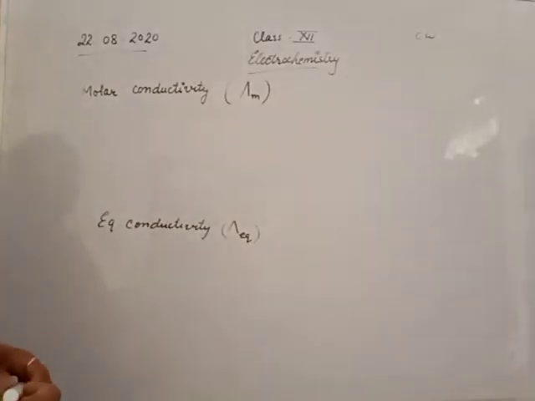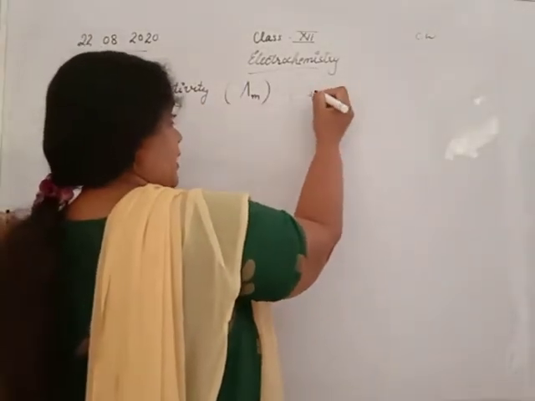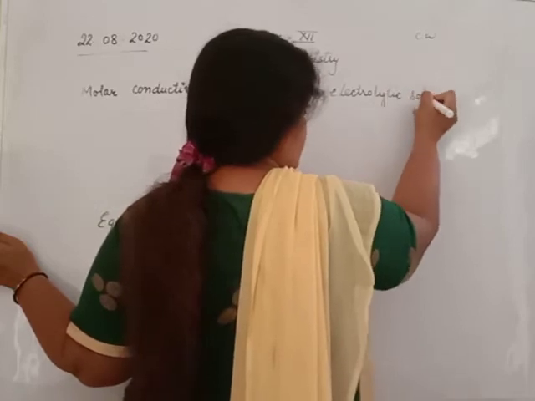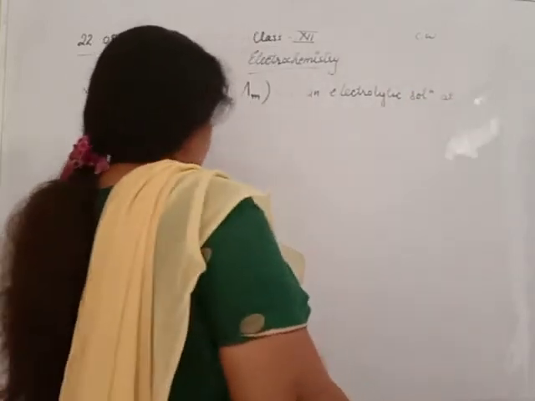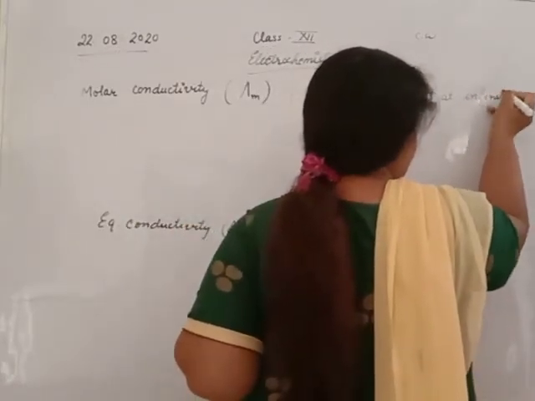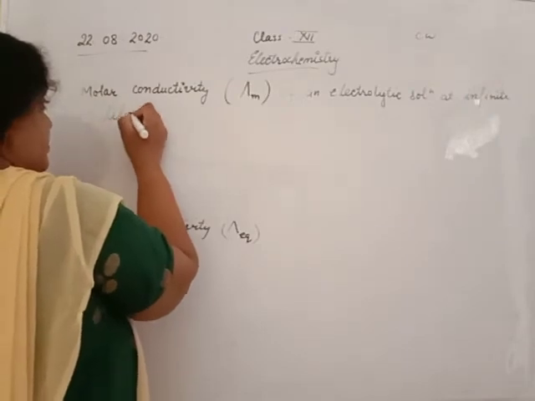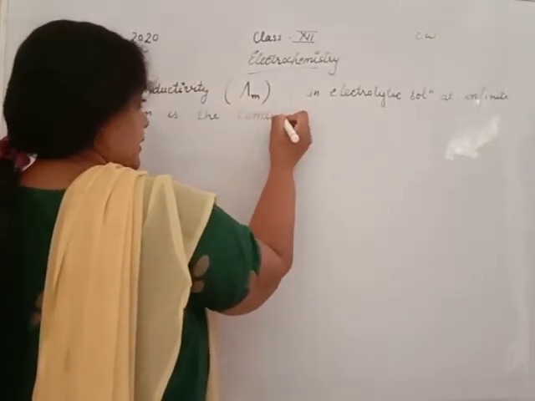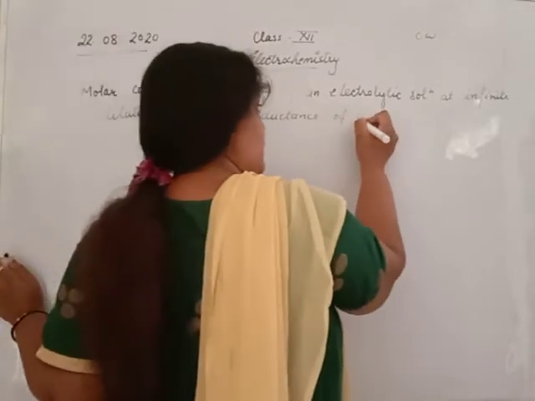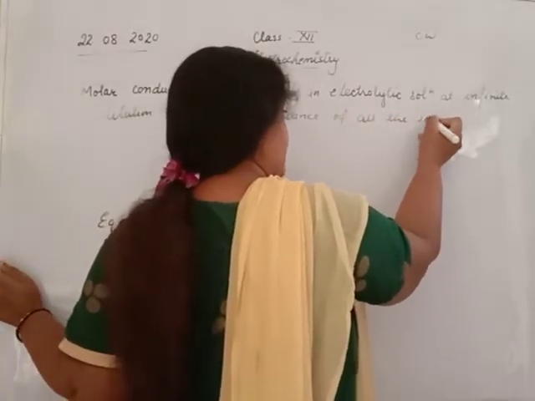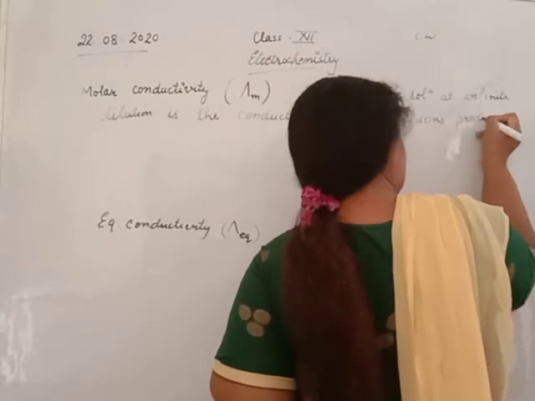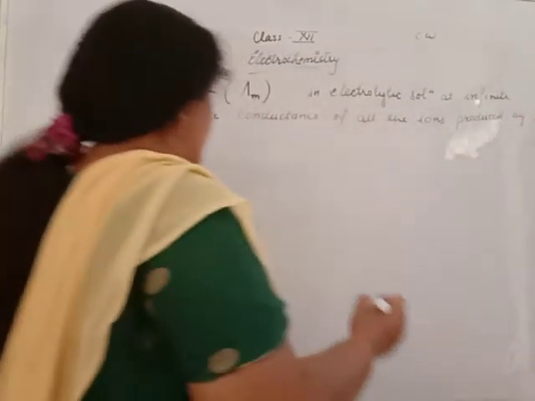The molar conductivity of an electrolytic solution at infinite dilution is the conductance of all the ions, cations and anions from the electrolytic solution, produced by 1 mole of electrolyte.